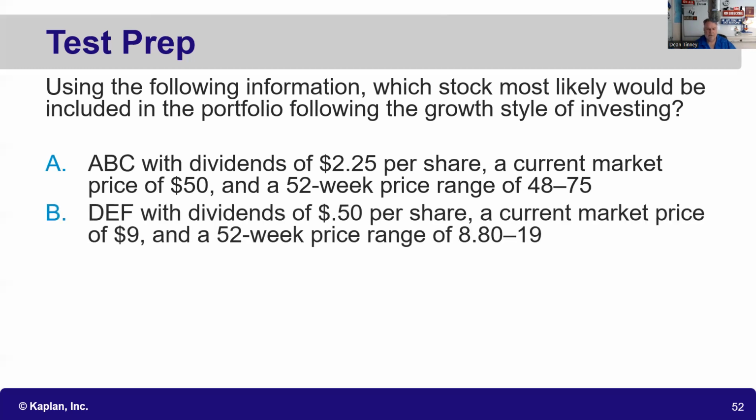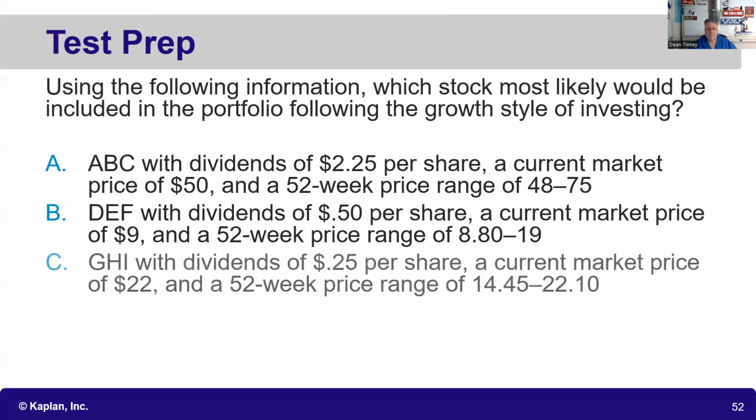Let's look at choice B. Choice B has dividends of 50 cents, a current market price of 9. Let's see what the current yield is on this. Current yield is what it pays me divided by what it costs me. That's very testable, so you shouldn't be fumbling around with the math I'm doing. 5.5%, again, does not sound like a growth stock. It's on the lower end of its price range. It sounds like a value stock.